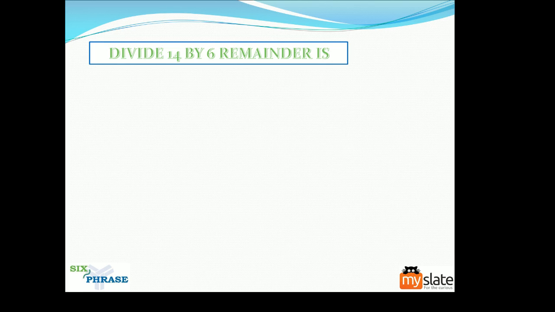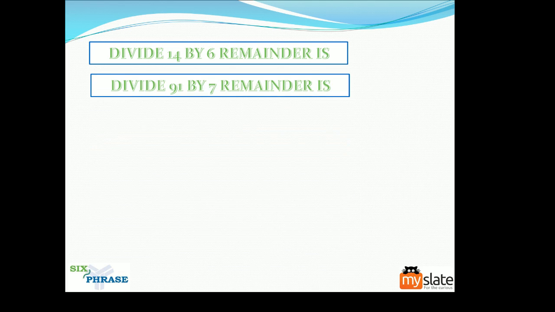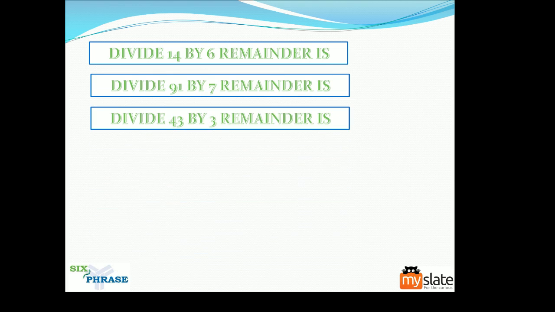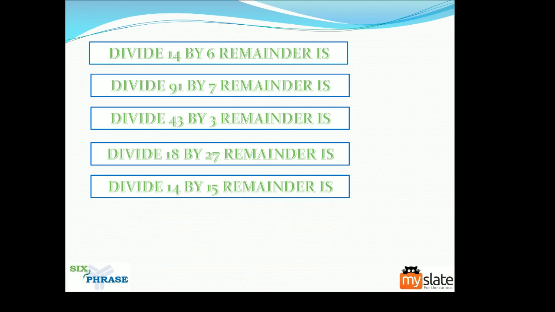Now, let us get deep inside remainders and really understand what remainders are. Just look at these questions. Divide 14 by 6, divide 91 by 7, divide 43 by 3, divide 18 by 27, divide 14 by 15. Superficially, on the outside, they may all seem like they belong to the same category, but they don't.